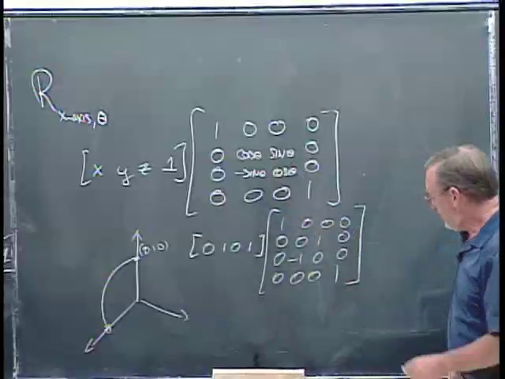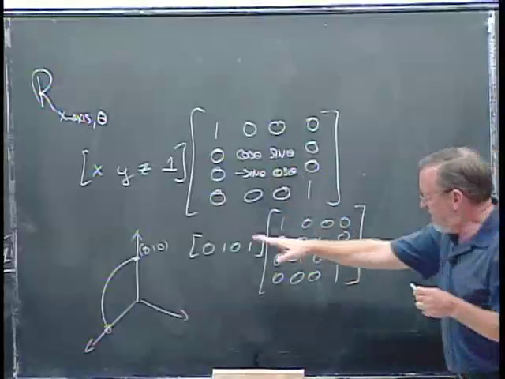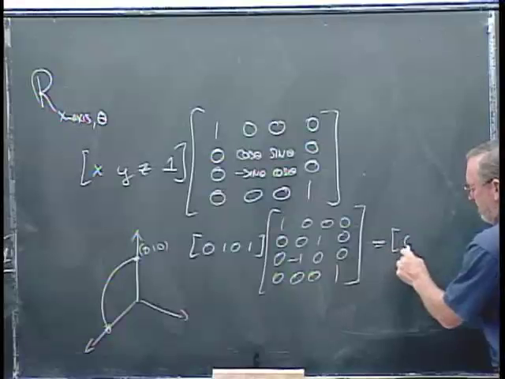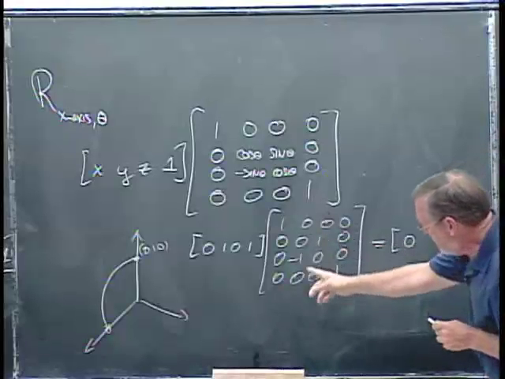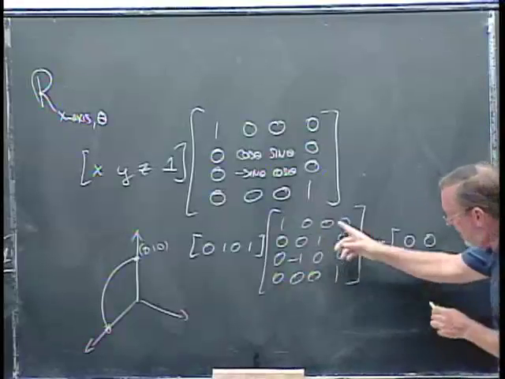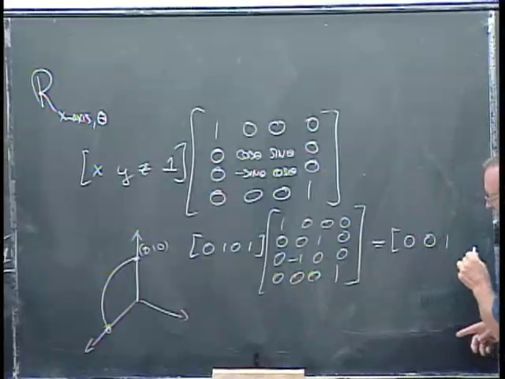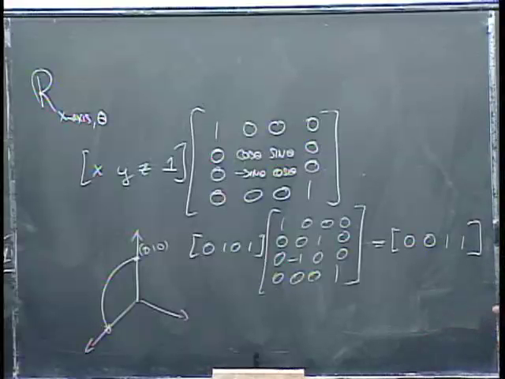Okay? If I multiply these together, I get 0, 0, 1, and 1. And this is the point on the z-axis, as promised. Kind of makes sense.